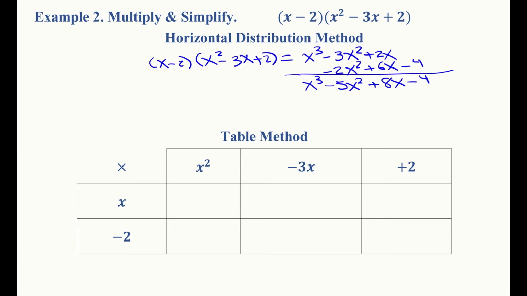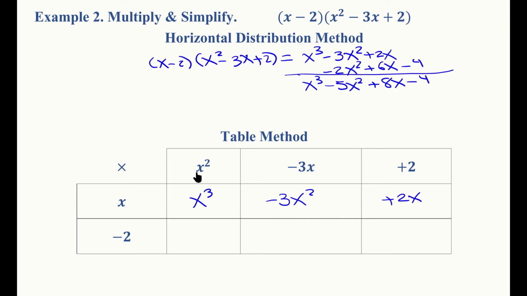Now, we can do this also using the table method. And here, remember, we're just going to take care of this distribution and write the results here. So we have x times x squared, which is x cubed, that'll go here, and then minus 3x squared for x times negative 3x, and then x times positive 2 will give us plus 2x.